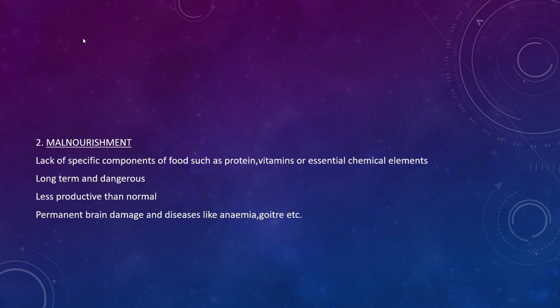Malnourishment is the condition that develops when the body is deprived of vitamins, minerals, and other nutrients it needs to maintain healthy tissues and organ function. It will lead to less productivity than a normal person.